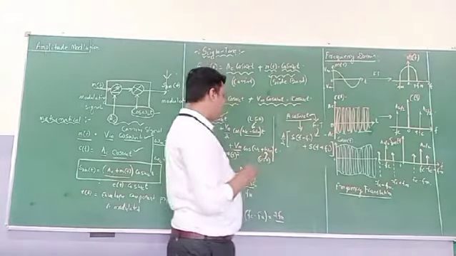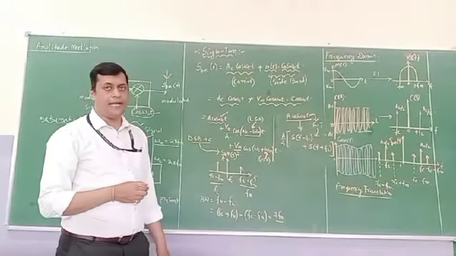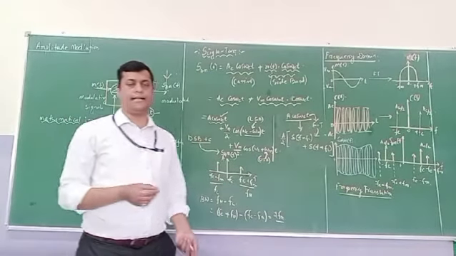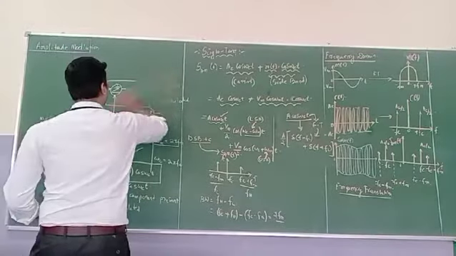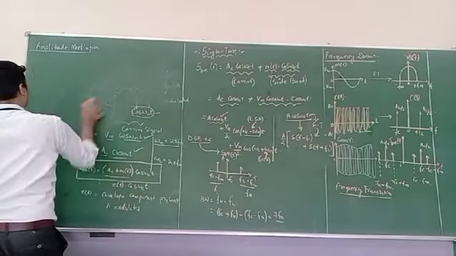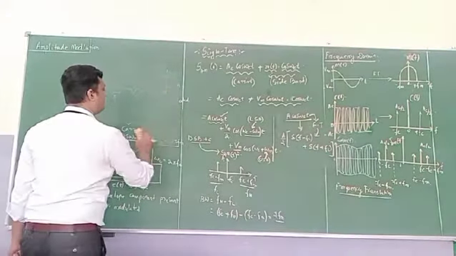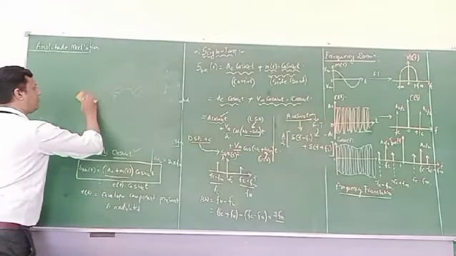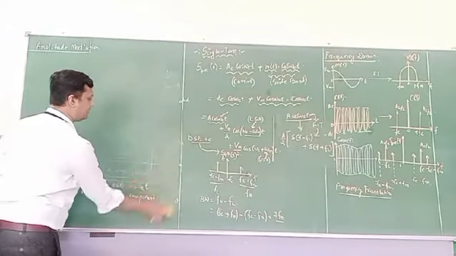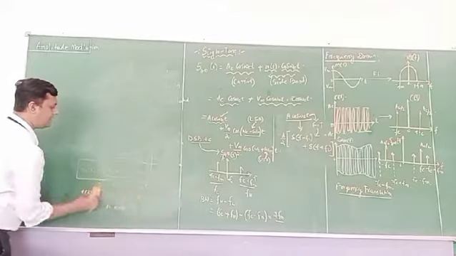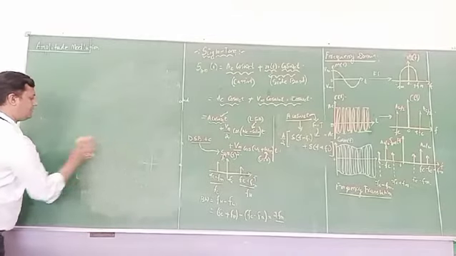Now here, what we have learned, if I ask what is the bandwidth of the modulating signal, one by one we will start. Bandwidth plays a vital role. With the help of that bandwidth, we are going to identify each and every relation.